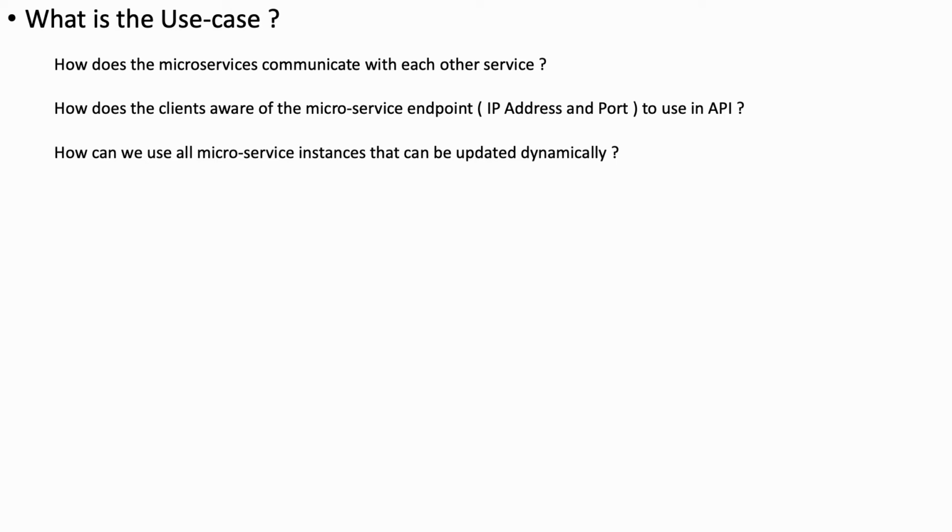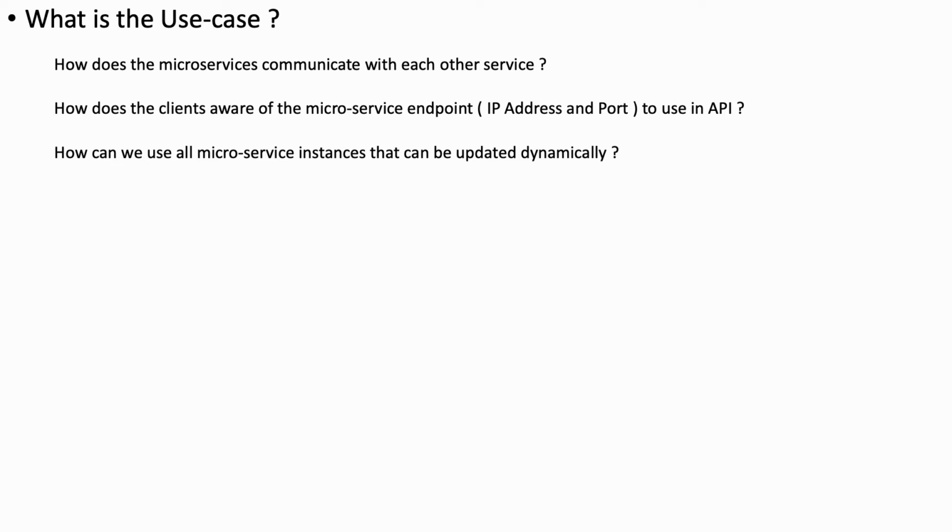In those cases, how do the clients, or whoever is using these microservices, become aware of the endpoints of the existing services when there is a dynamic updation of the service instances?